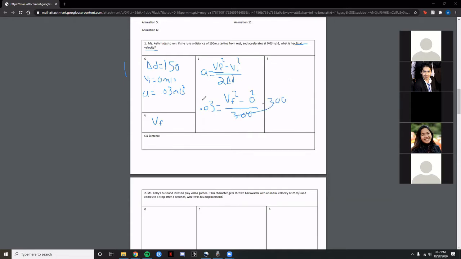So that cancels out. Multiply 300 on this side, and that equals 9. So 9 equals v of f squared minus 0. So plus 0 on both sides, that doesn't do anything. Square root that to get v of f by itself. Square root 9, you get 3. That's how I would still solve it. I isolate at the end. But I showed you Miss Kelly's way, use Miss Kelly's way.